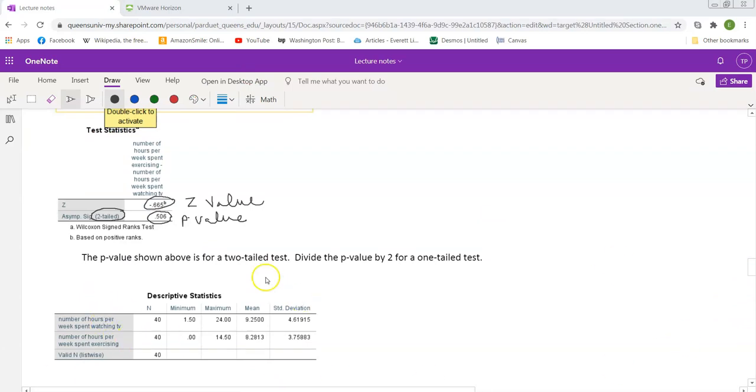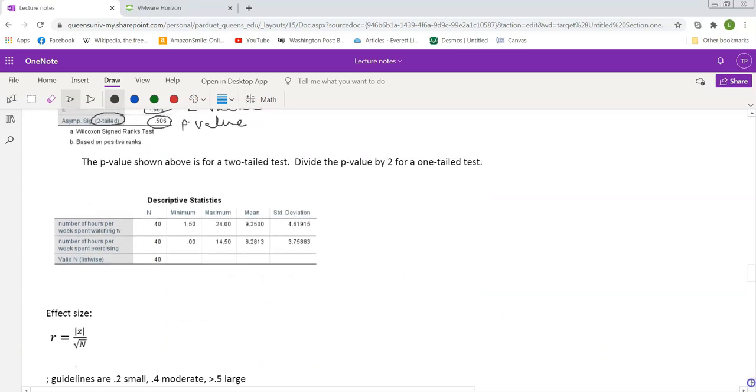And the reason we ran this was just to be able to talk about it in our write-up. The measure of effect size is called r, and it's just the absolute value of the test statistic divided by the square root of the sample size.